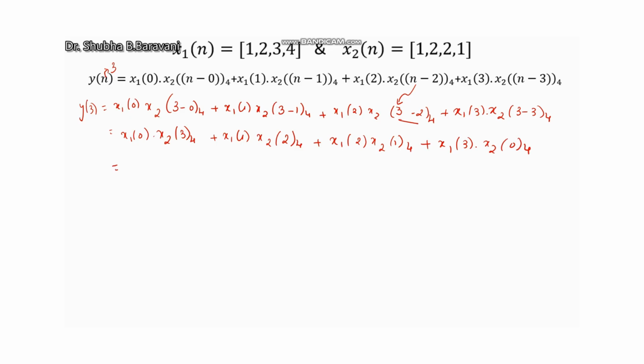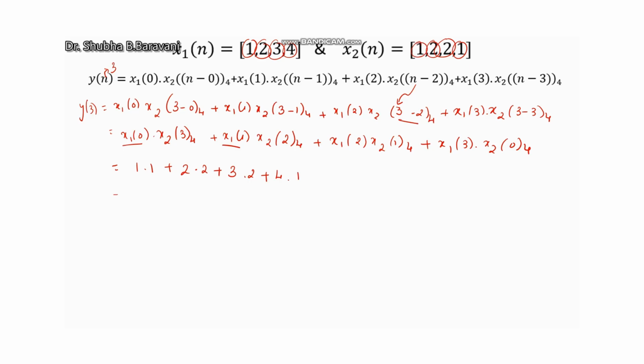So we'll substitute x1 of 0 is 1, x2 of 3 is 1, plus x1 of 1 is 2 into x2 of 2 is 2, plus x1 of 2 is 3, x2 of 1 is 2, plus x1 of 3 is 4, x2 of 0 is 1.